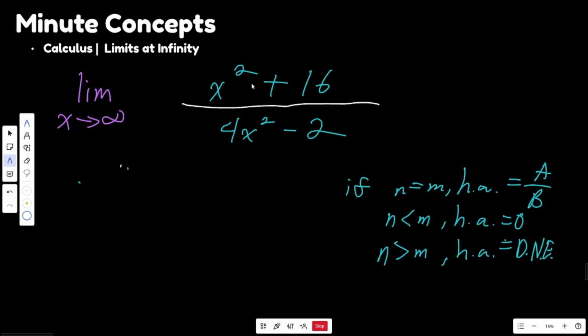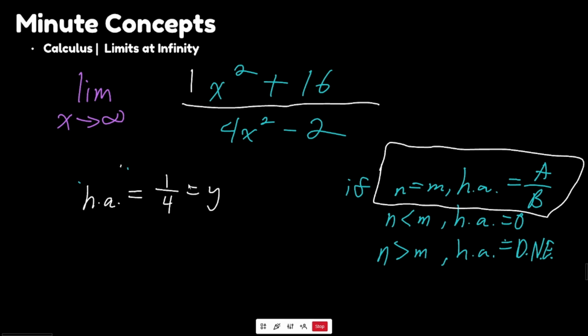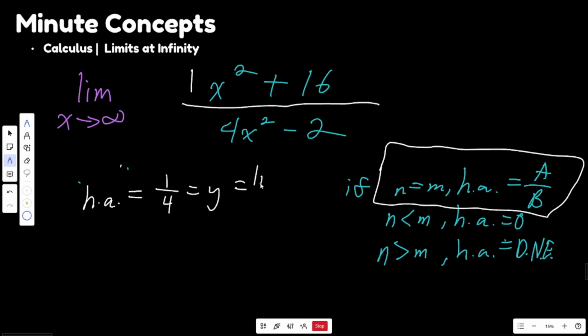They're both degree 2, so we're satisfying this condition. So we want to get their coefficients. This is 1 and this is 4. So our horizontal asymptote is y equals 1 over 4. This is also equal to the limit as x approaches infinity of our function.